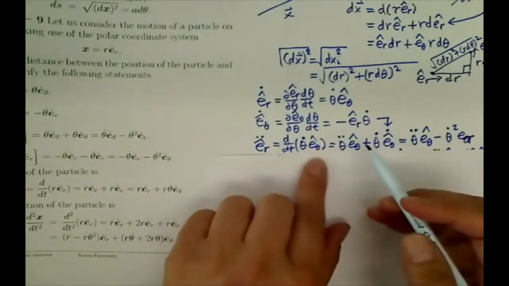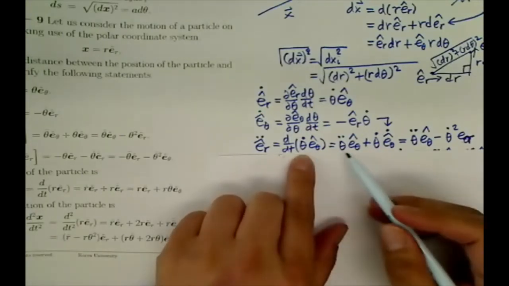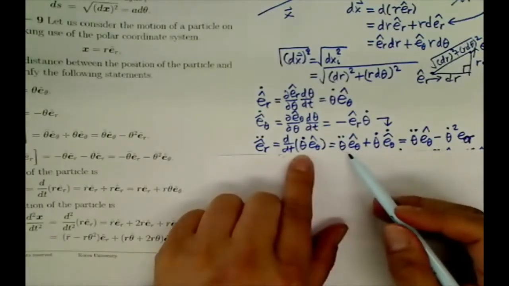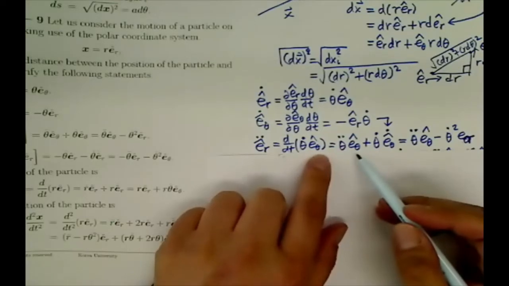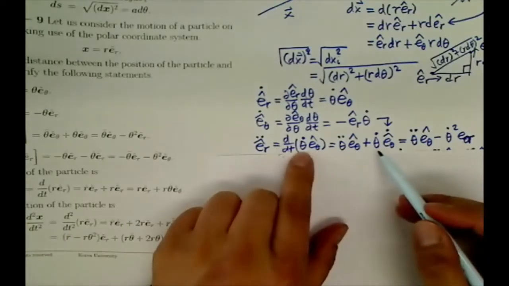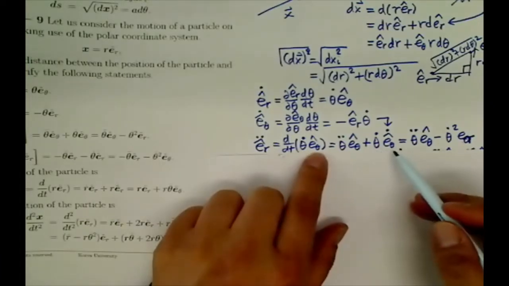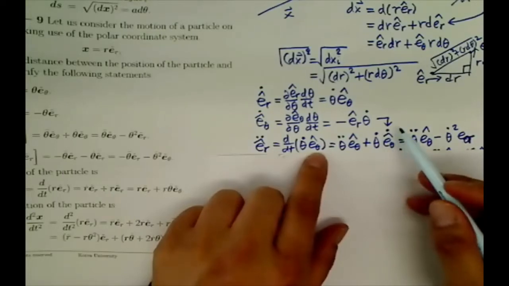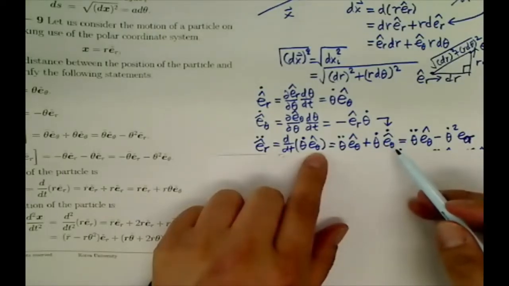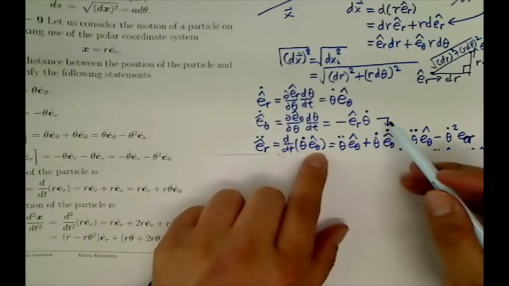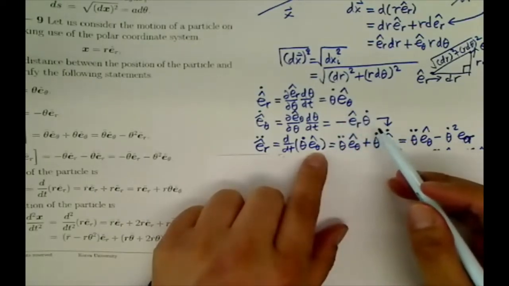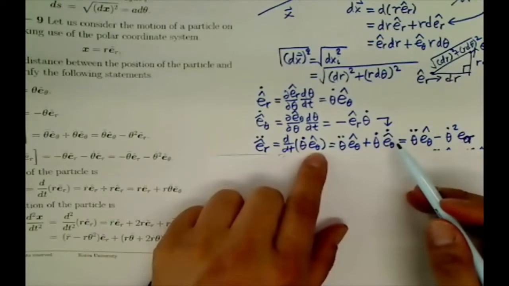If I take the derivative of theta dot, I have a theta double dot with untouched e_theta hat. Next, keep this theta dot the same, but take the time derivative of e_theta. The time derivative of e_theta is obtained here already, so substitute it here.